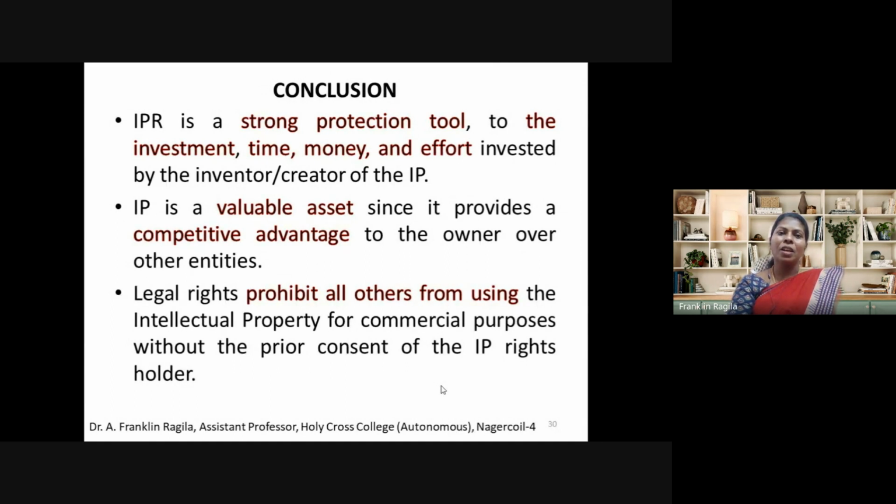IP is also a very valuable asset since it provides a competitive advantage to your business, which shows the difference from your competitors. And it also gives legal rights which prohibit others from using your intellectual property for commercial purposes without the consent of the IP rights holder.